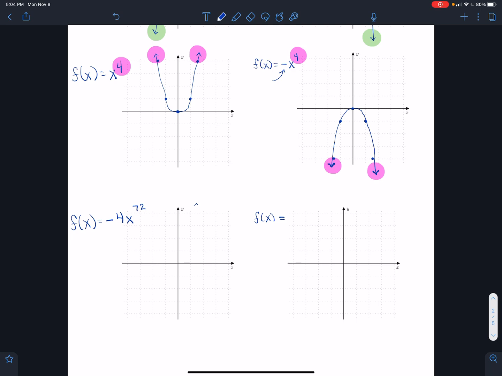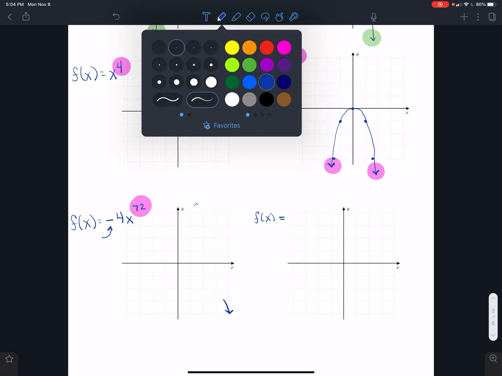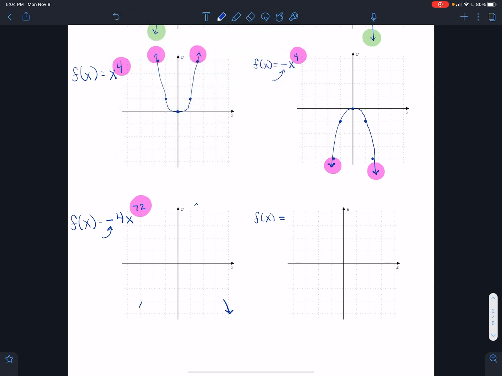So it is ultimately going to be a decreasing graph. So the right side of the graph is going to be negative. I think I said left side. So the right side of that graph is going to be pointing down because this is a negative leading coefficient. The degree is a positive number, which means that both ends are going to point the same direction.